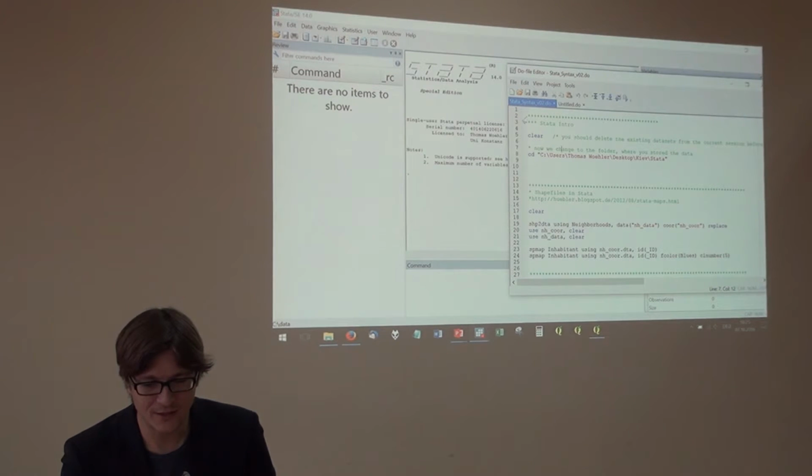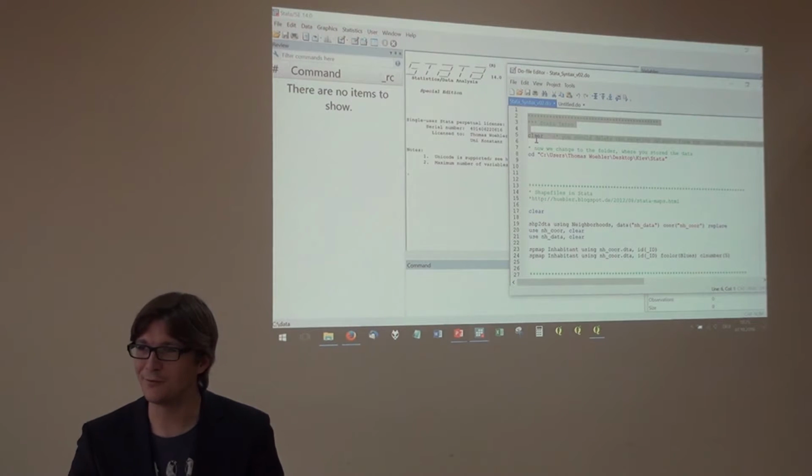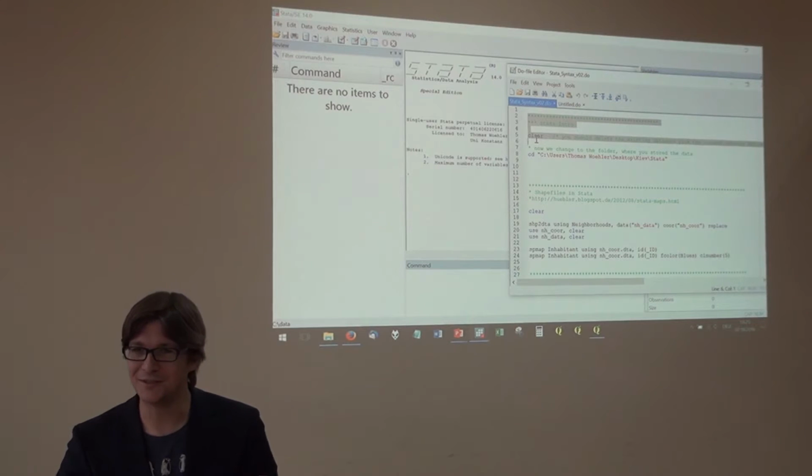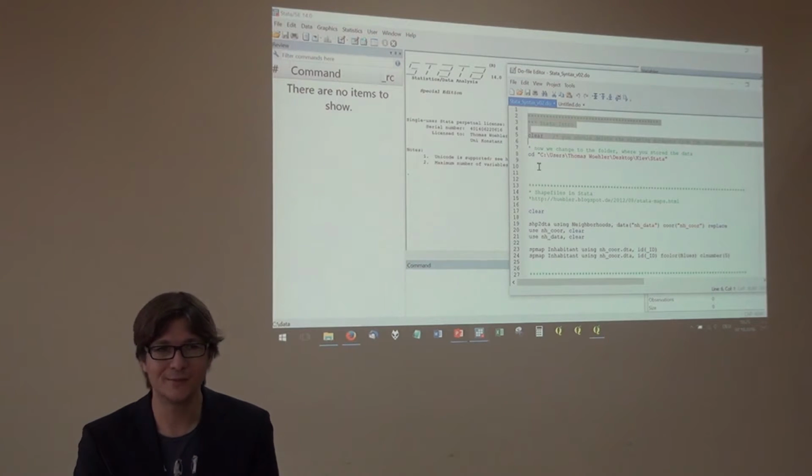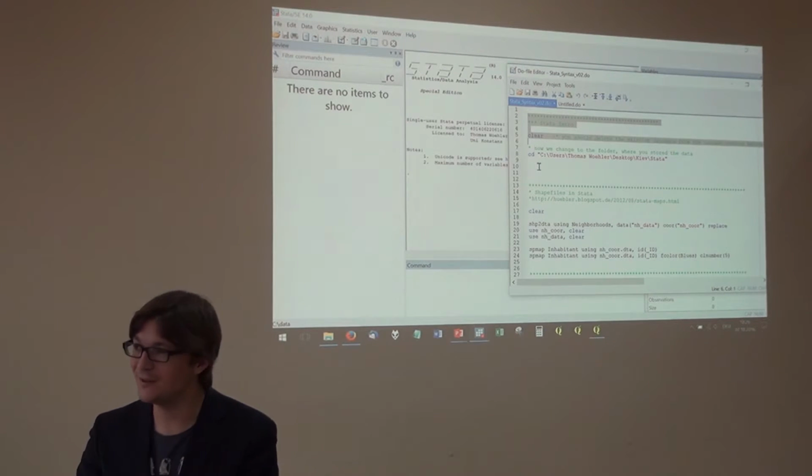So you start with the command clear, which will wipe everything off your current session, and that's always a good thing to do in the beginning. Then we need to change the folder to where you stored the data, because you don't have any data yet, since I give it to you afterwards.